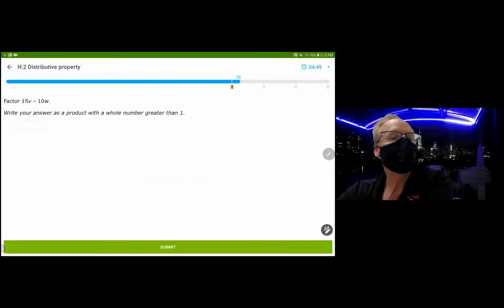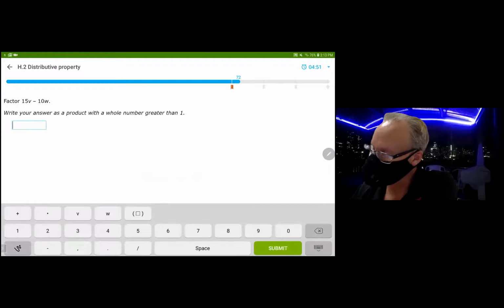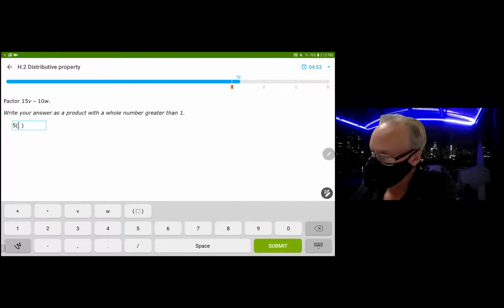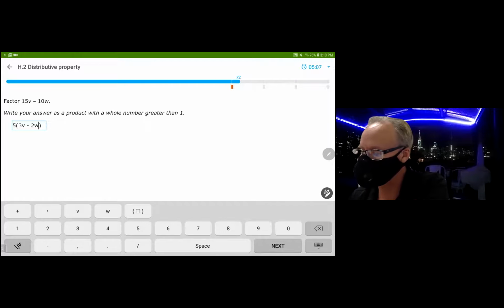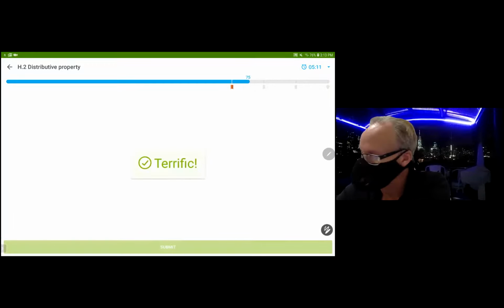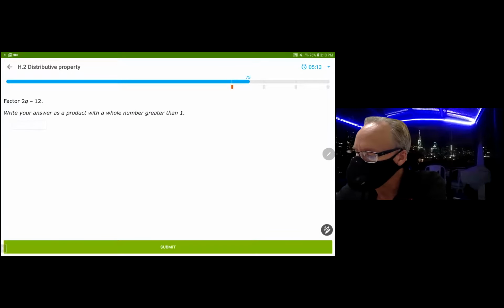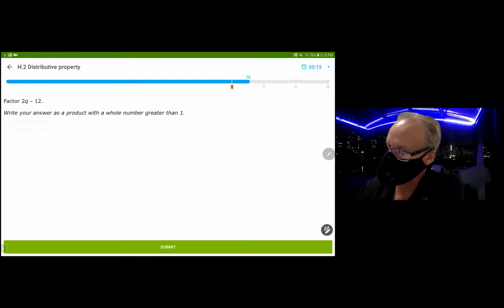We're going to take out the 5, so we have a 5 with a 3v inside, and another space again for that subtraction, and it looks like we've got a 2w. And both of those, 2 and 3, are prime, and there is nothing else to do. And we are going to undistribute the 2.